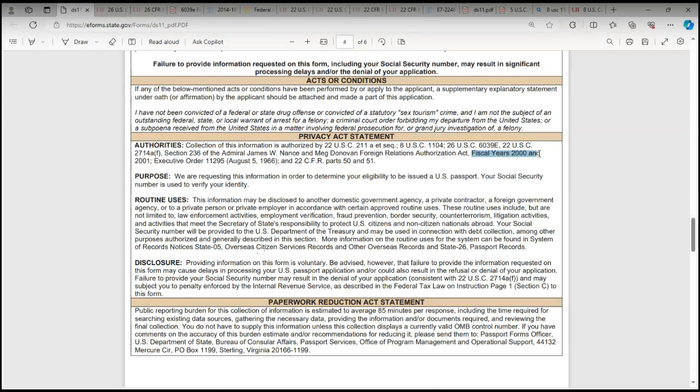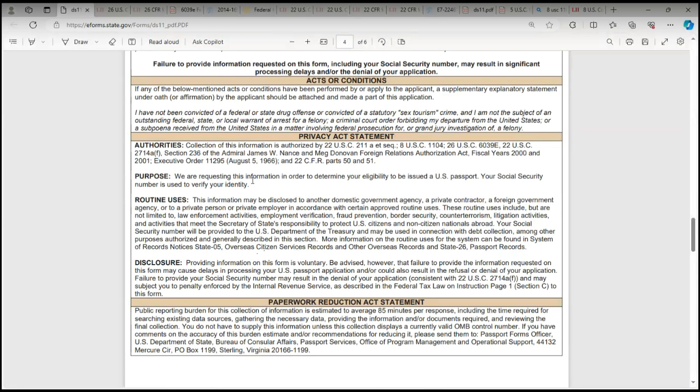Same thing with the fiscal years 2000, 2001 and the executive order. Those don't pertain to what we're discussing. But I leave it up to you to take yourself to the law library and go look them up. And then 22 CFR Parts 50 and Part 51. Those are the authorities for why they are requesting information from you.